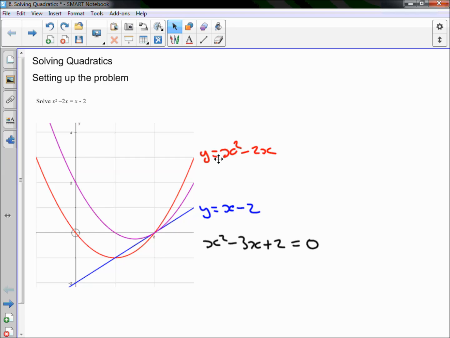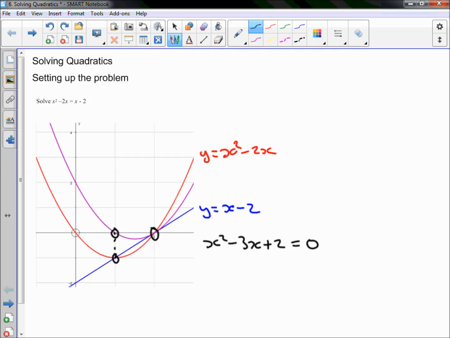If we look very carefully at it, what we should notice is that the points where x squared minus 3x plus 2 crosses the x-axis correspond to the x-coordinates of the intersection between x squared minus 2x and x minus 2.